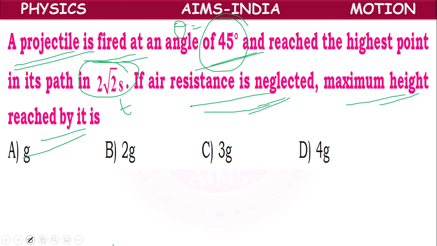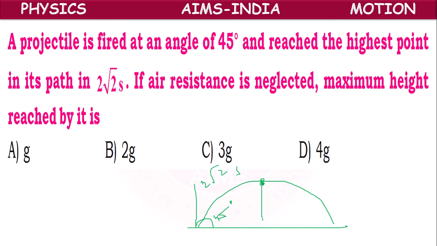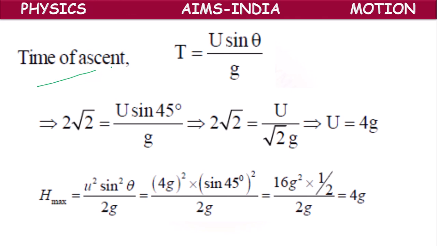From the ground to reaching the maximum height, it has taken 2√2 seconds, which is equal to time of ascent. So indirectly, they have given the time of ascent.